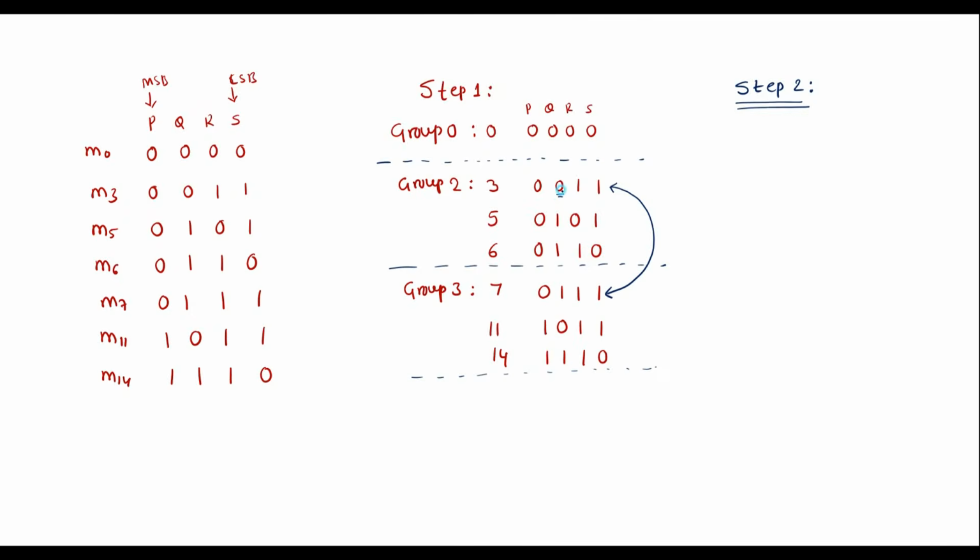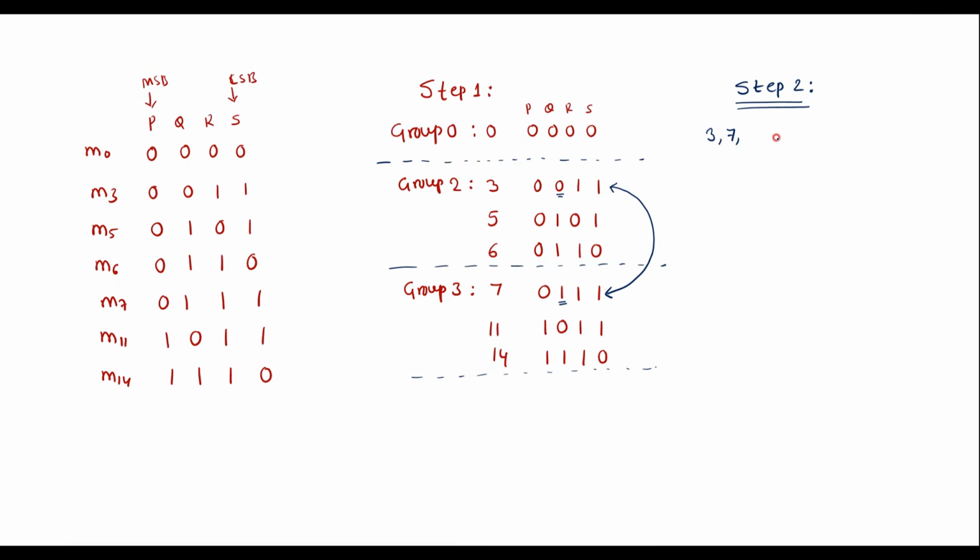I will mark this. This is 0 and this is 1. The next bits are 1 and 1, and 1 and 1. So they differ by 1 bit in the second position. So I can represent it as 3 and 7, and we write here 3, 7. We are comparing 3 with 7, so we write 3, 7. It differs in the second bit.